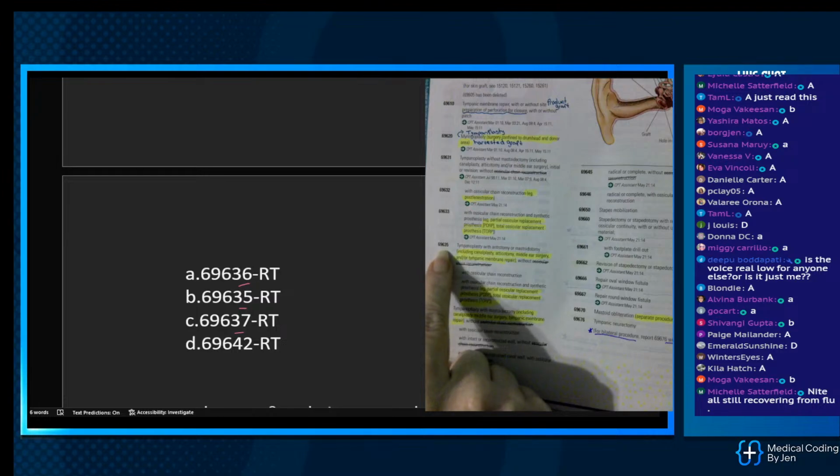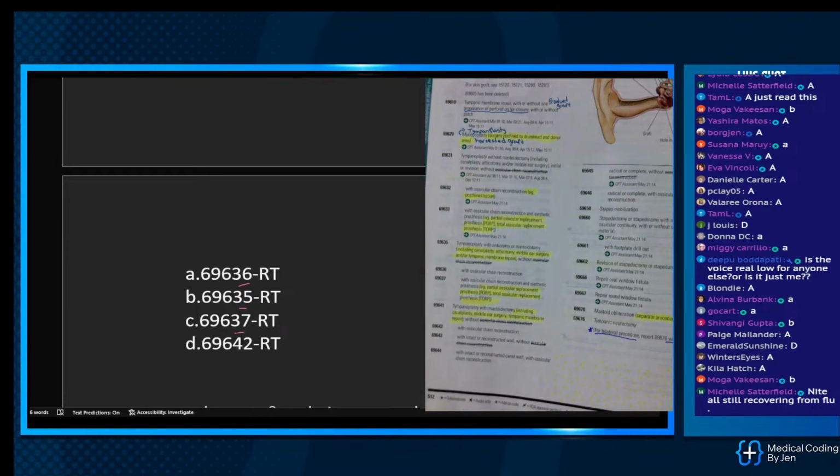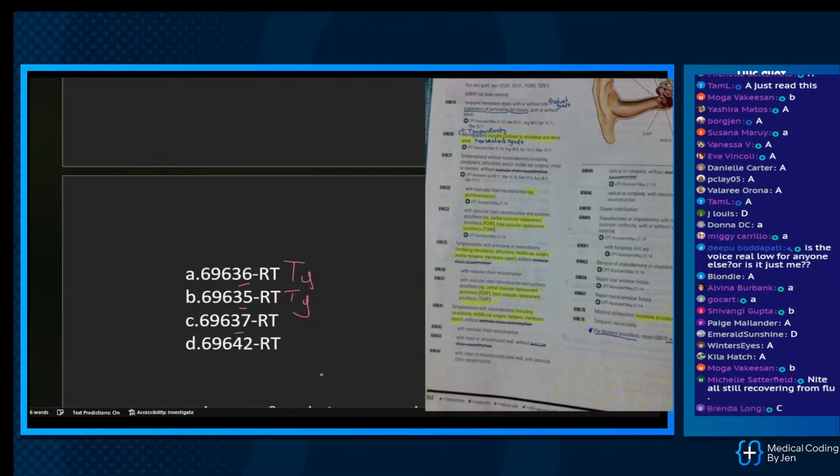I got to go see what the parent is. The parent is a tymp. 9635 is the same thing. 9637 is the same thing. And 9642 is the same thing.